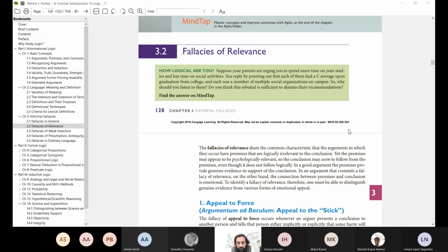The answer is not to suddenly switch from X to Y, but to say, look, these are two different things. Let's talk about X, but let's also talk about Y. So that's another thing that you might do in the context of facing fallacies of relevance.